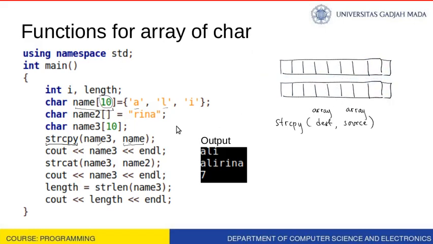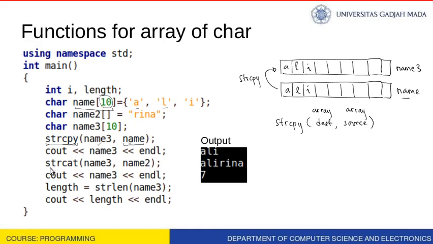What we have in name is A, L, and I, so we copy by using string copy, and name3 will have the same elements as the array of char name.